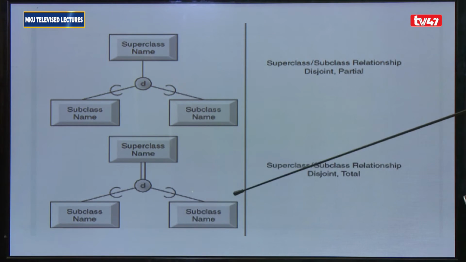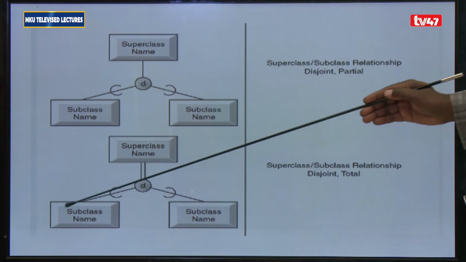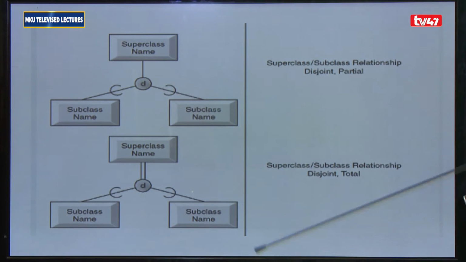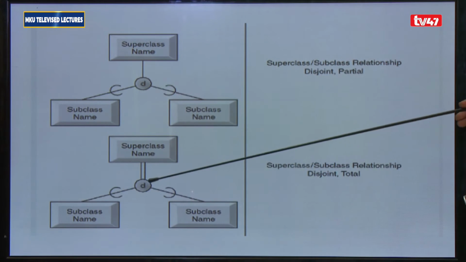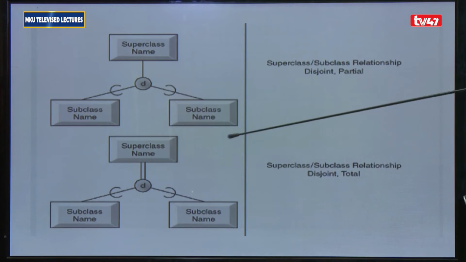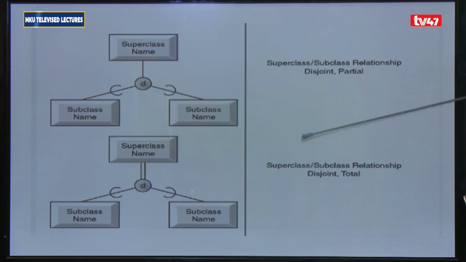These are now the subclasses, and this is the superclass. Then we have the double lines, and the D is inside that circle, which means it is a disjoint, mandatory. Mandatory because we have two lines. We will see examples of each of these scenarios.